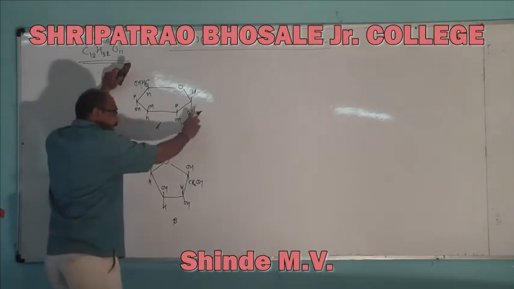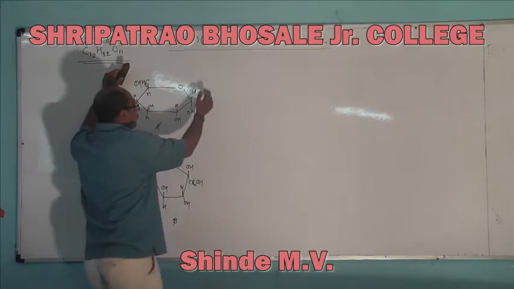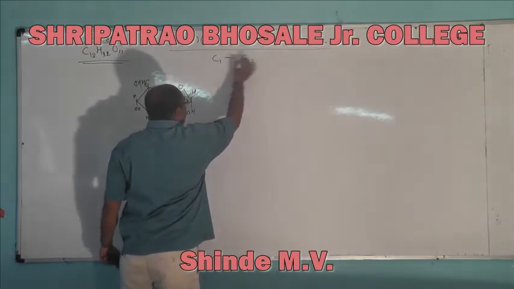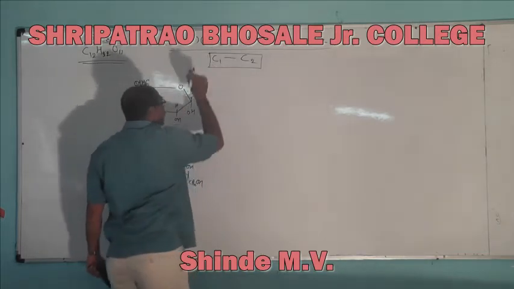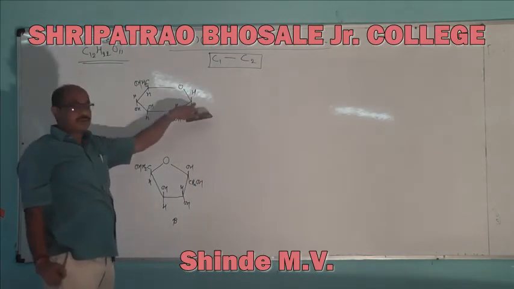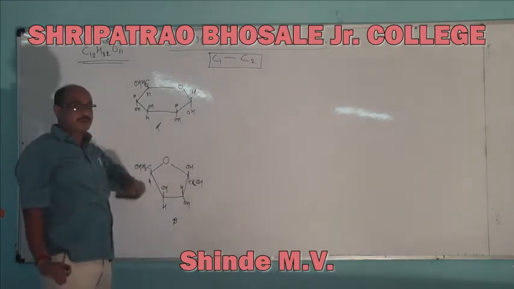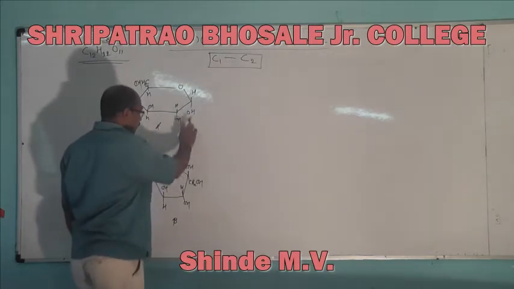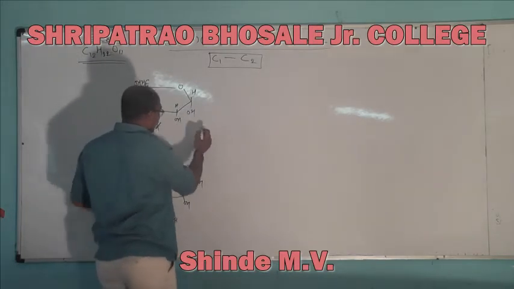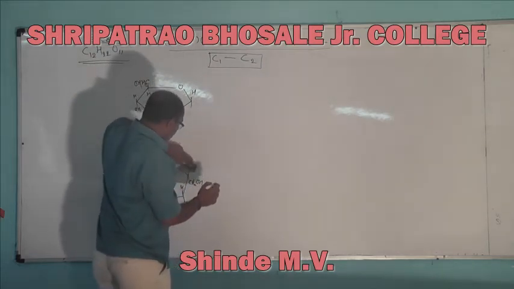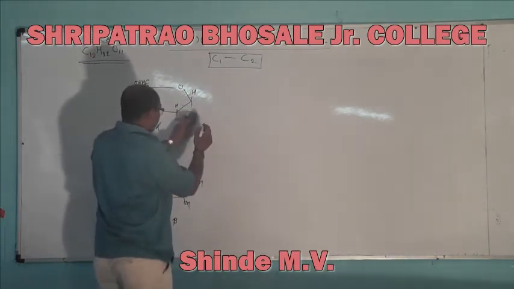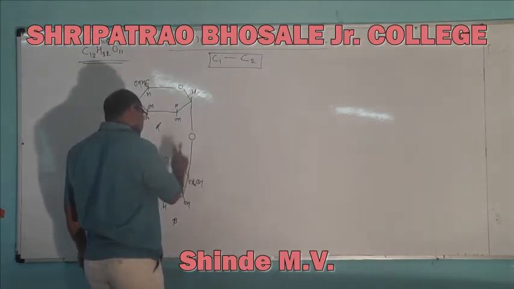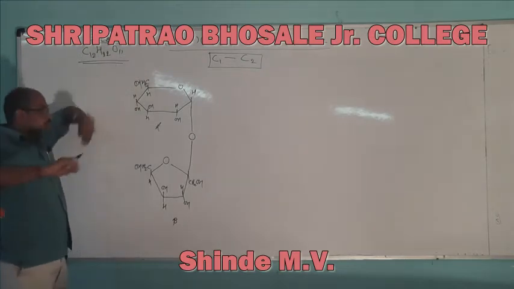We have the attachment of C1 of the glucose molecule to C2 of the fructose molecule. A molecule of water is lost, and the two molecules are attached to each other, forming the sucrose molecule.